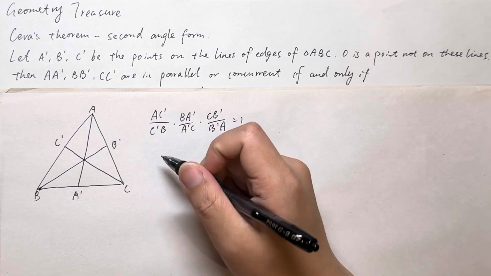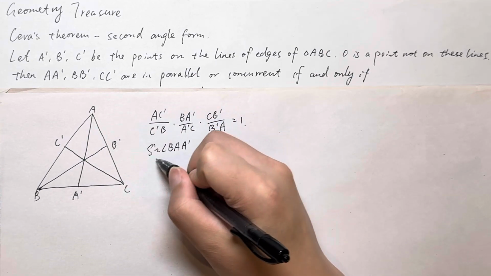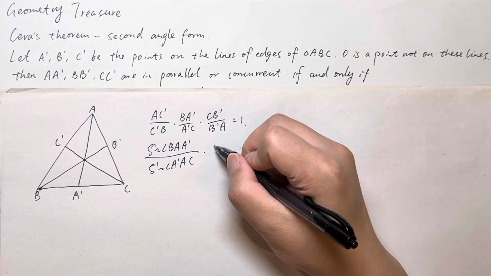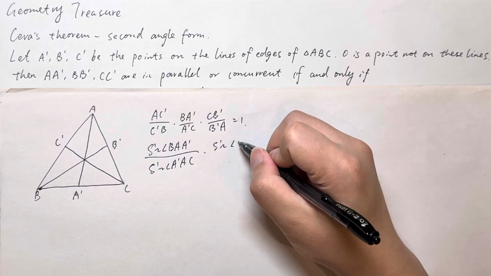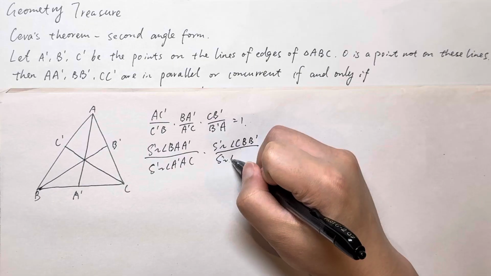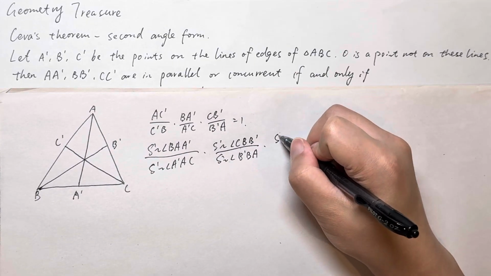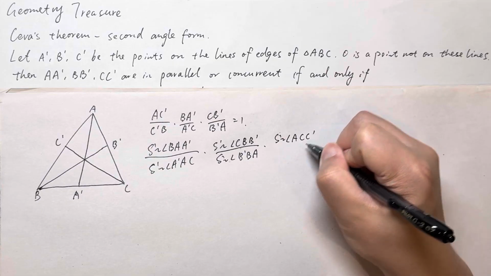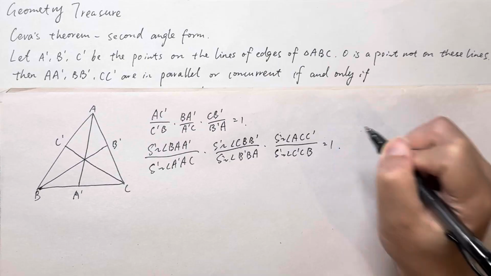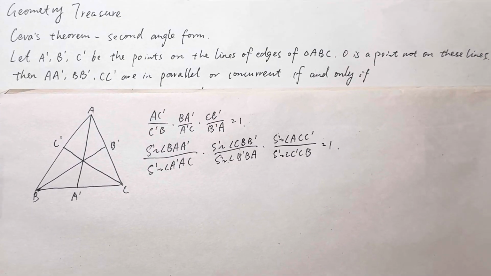And the angle form would be sine angle BAA prime to sine angle A prime AC times sine angle CBB prime to sine angle B prime BA times sine angle ACC prime to sine angle C prime CB equals 1, right? That is the angle form of the Ceva theorem.